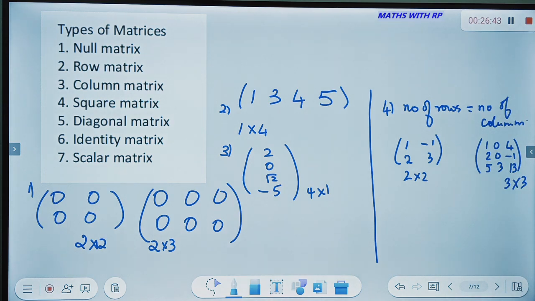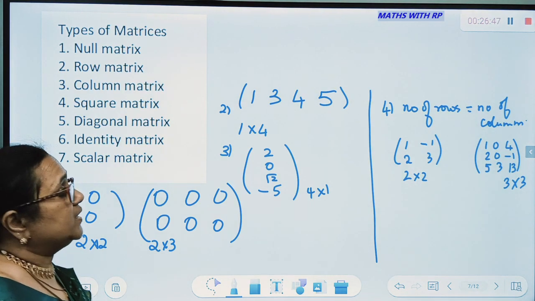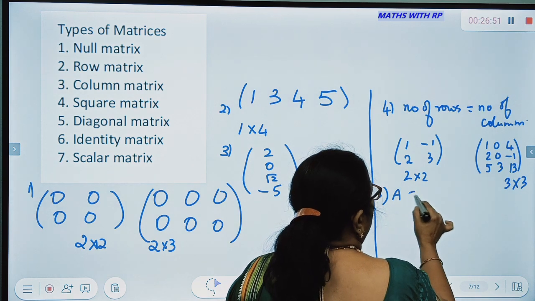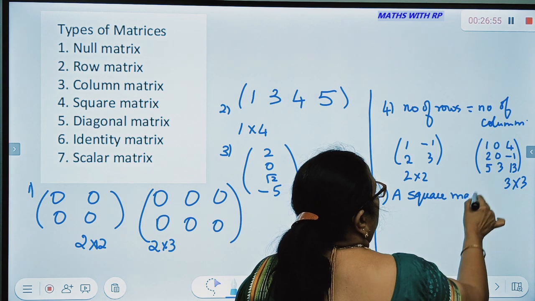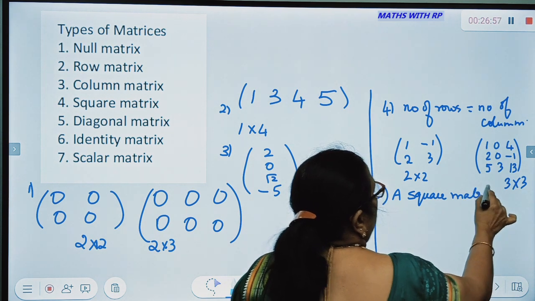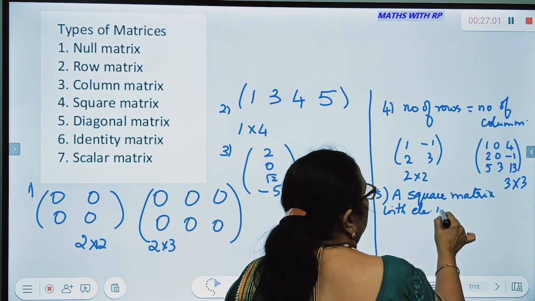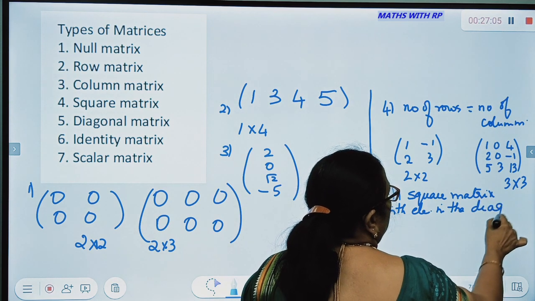Diagonal matrix, having elements only in the diagonal. When we talk about a diagonal, it is applicable only for a square matrix. So it is a square matrix with elements only in the diagonal. Other elements are 0.